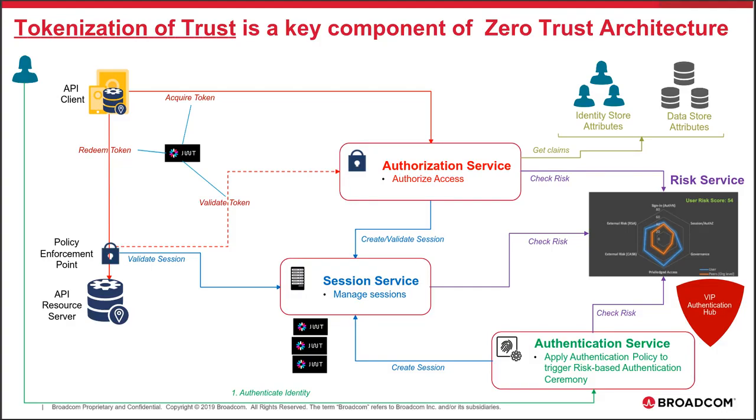The three critical components required in this architecture, everything starts with the authentication. Authentication is the very first service that you need to have in your possession in order to properly identify the identity, the application, the device, and make sure that they are who they say they are. We'll talk about that.